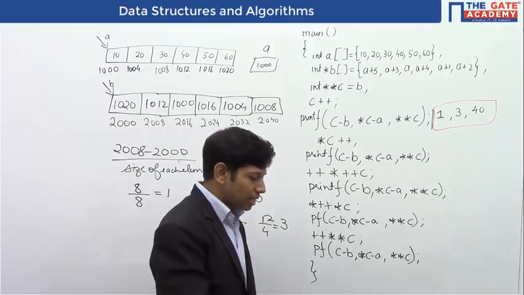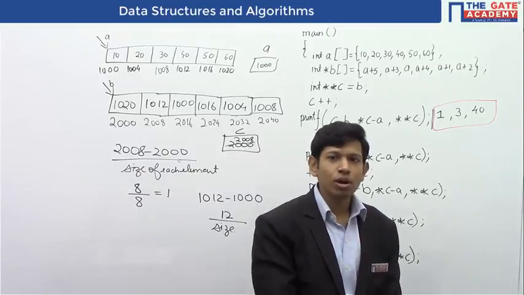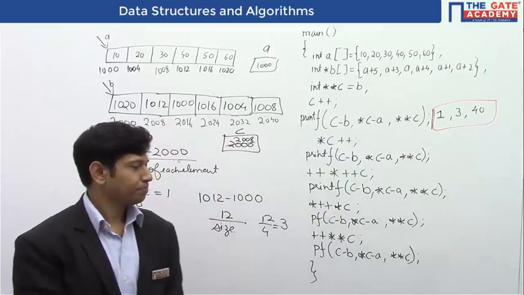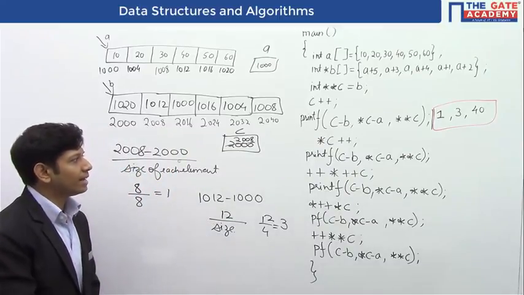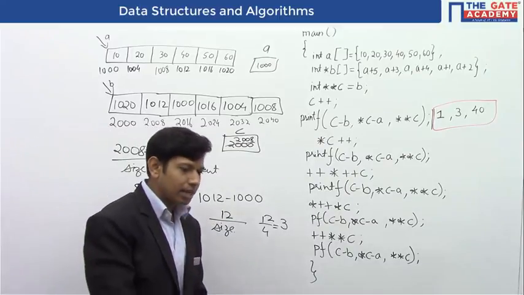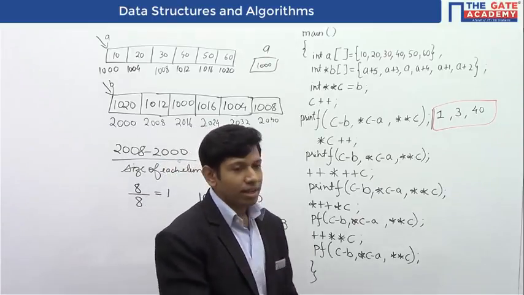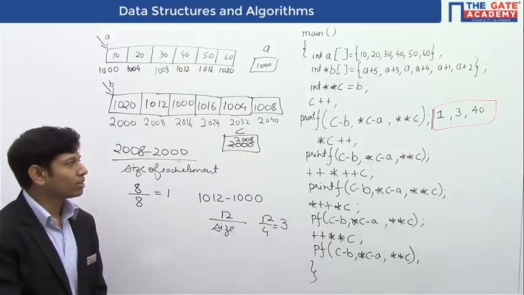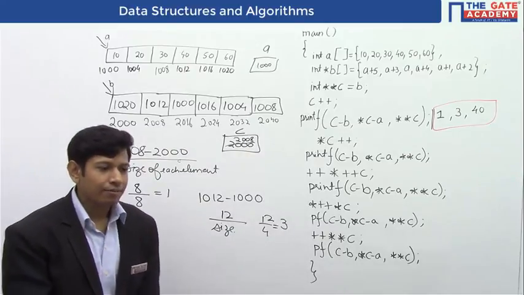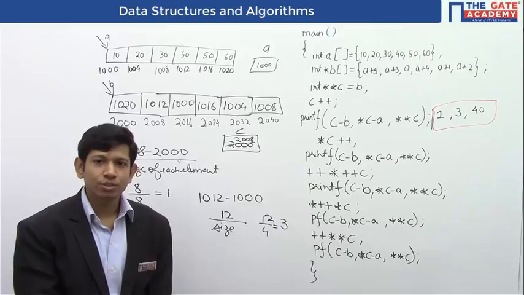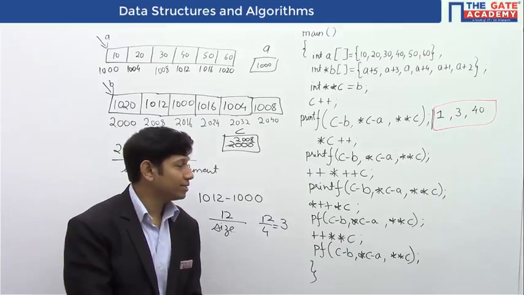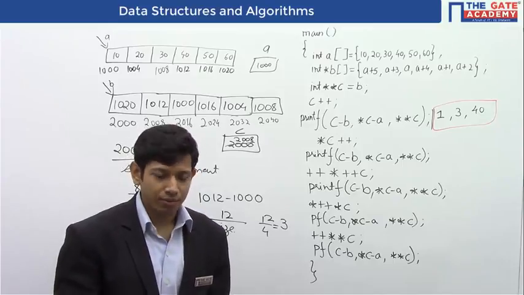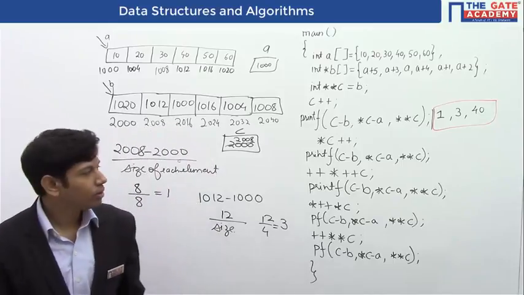Associativity and precedence are two concepts which we need to keep in mind while operating multiple operators. When star, the asterisk dereferencing operator, and plus plus, the increment operator, come together, we have to follow the precedence rule, which says to always follow from right to left.